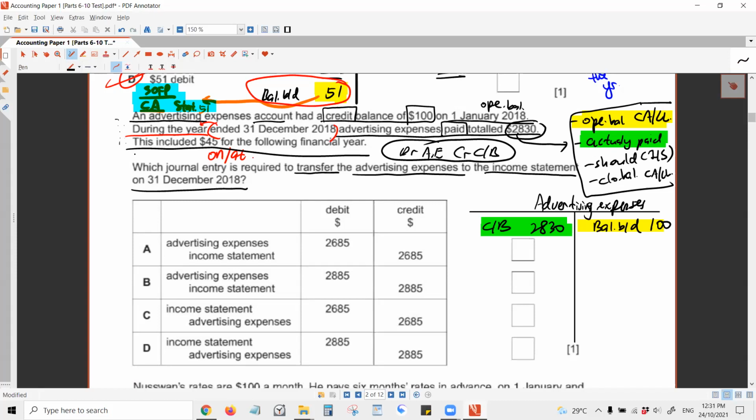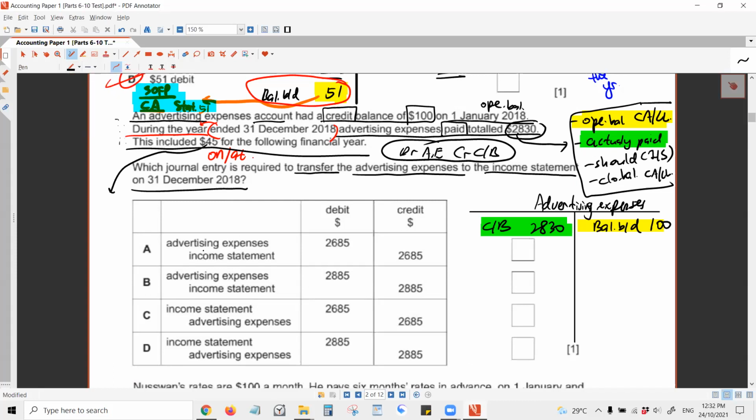So is this CA or CL? Overpaid an expense? Anyone? CA or CL? The $45? An expense that you have overpaid? CA or CL?